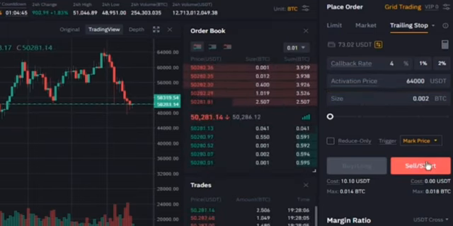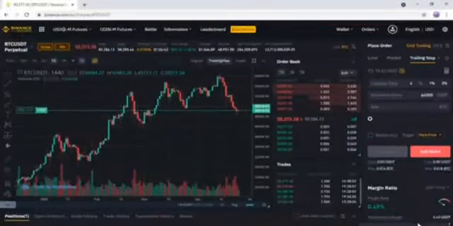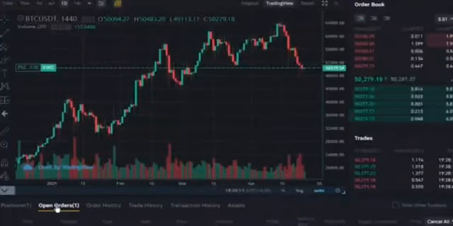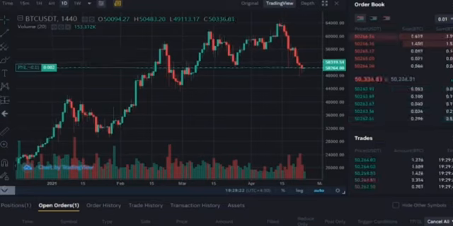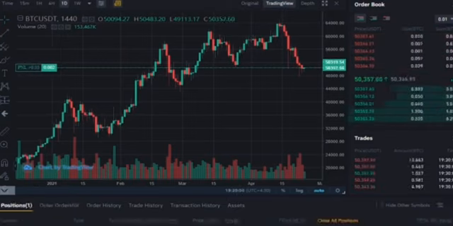We click on sell short, order submitted, and here it is in open orders. So when the price reaches 64,000, a trailing stop will be placed 4% lower than 64,000. Let me cancel this order, and also let's close this position.